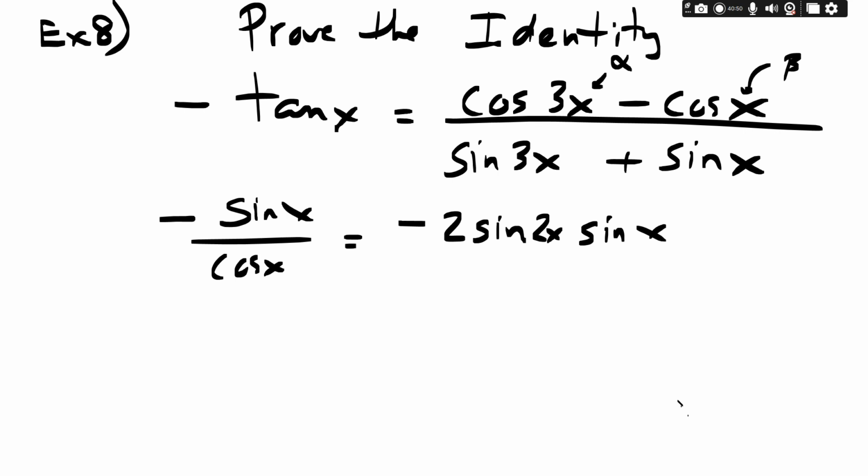Perfect. Okay, find the formula for this one. I need two sine functions being added together. So I got a 2 value here, sine of, and again, add and divide. 3x plus 1x is 4x divided by 2, 2x.